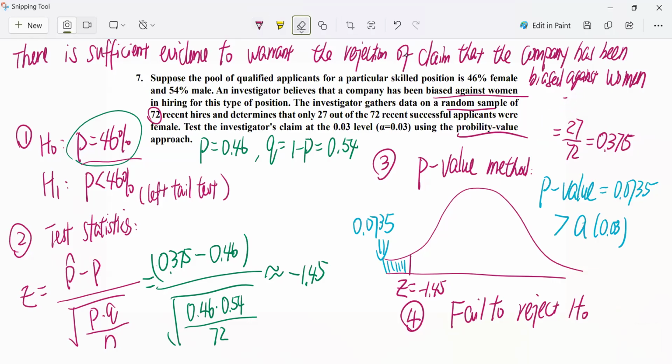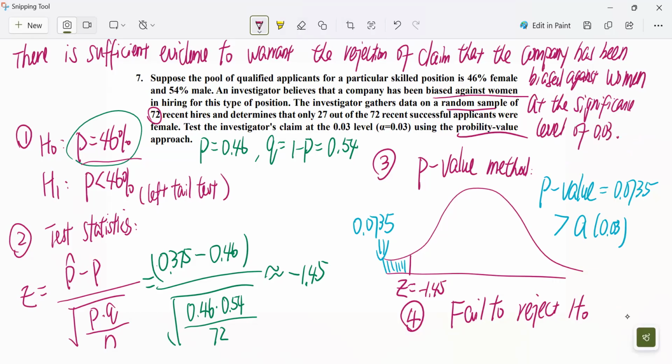Use this. If you want to report it professionally, let's say in your research paper, this is the proper way to report your results. Okay. Any question about this?